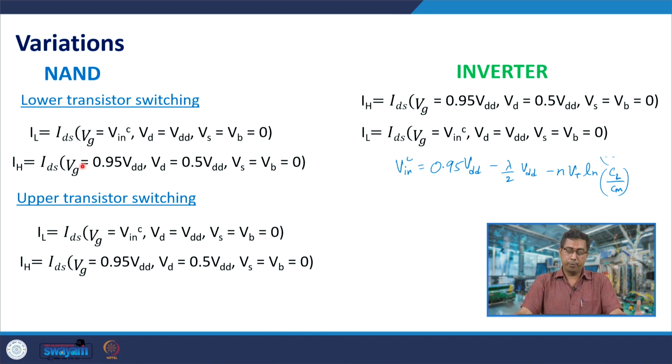So, the parameters associated with variability in near threshold voltage regime are VDD, threshold voltage, mobility and temperature. Temperature changes threshold voltage and mobility, and through that we can estimate the change in IH and IL, and thereby the change in logical effort.